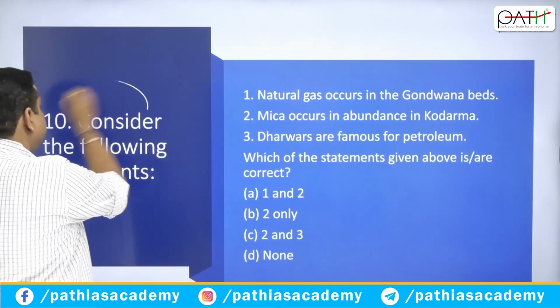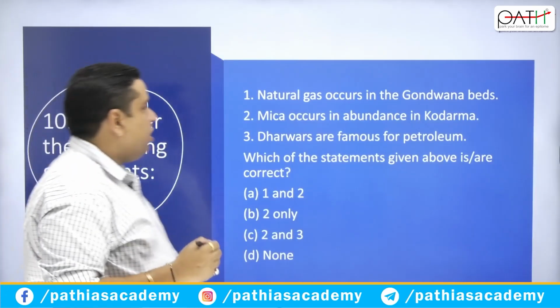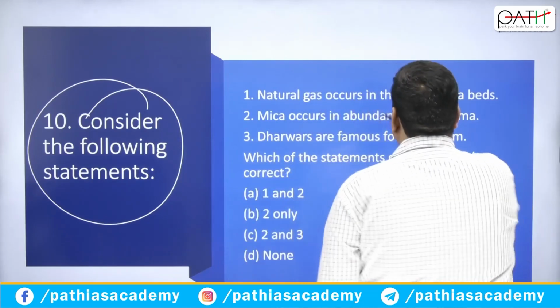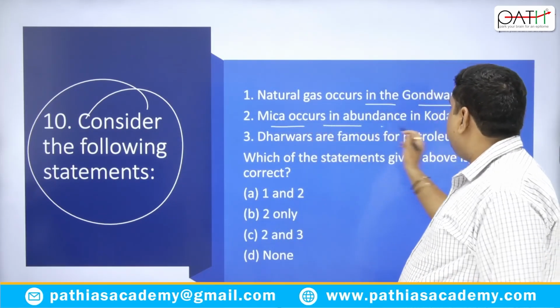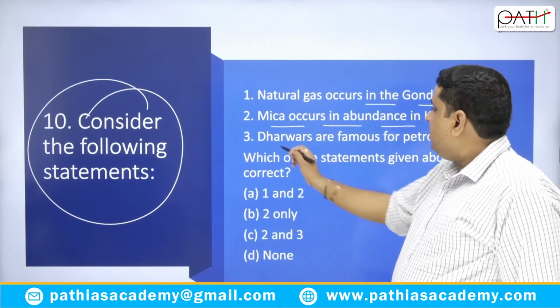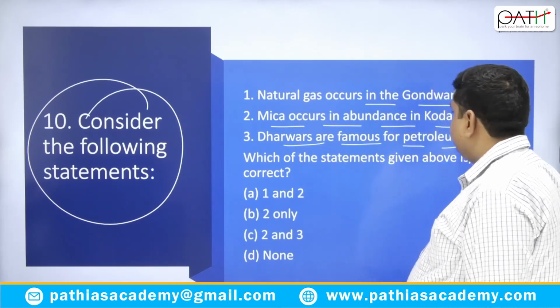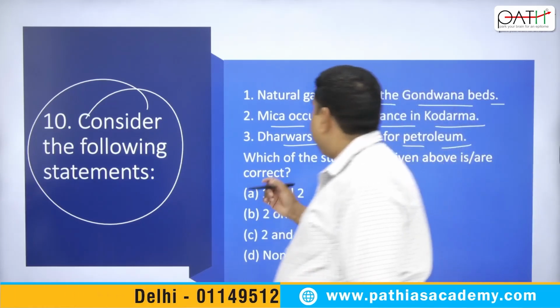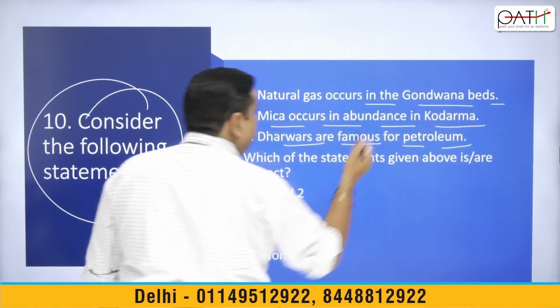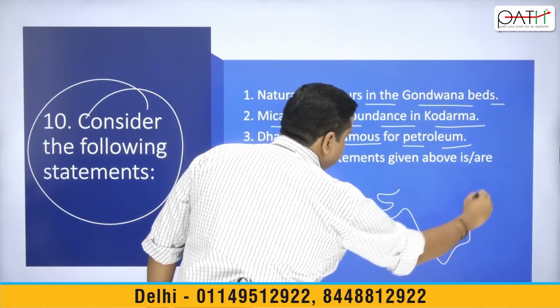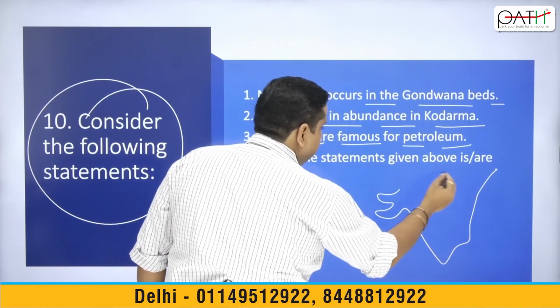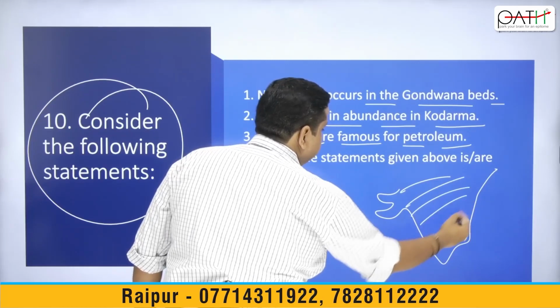consider the following statements. Natural gas occurs in the Gondwana beds. Mica occurs in abundance in Koderma. Dharwads are famous for petroleum. Now these regions like Dharwads, Gondwana, the majority of the area basically constitutes the peninsular part.